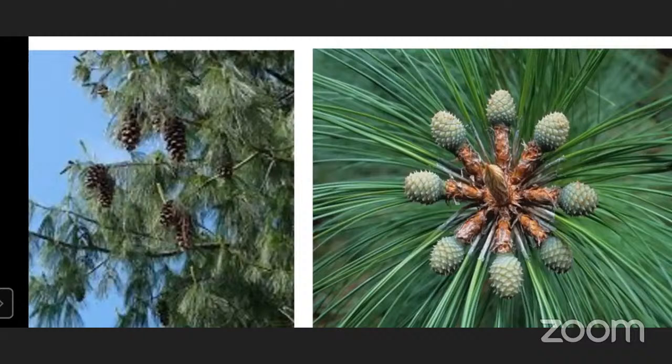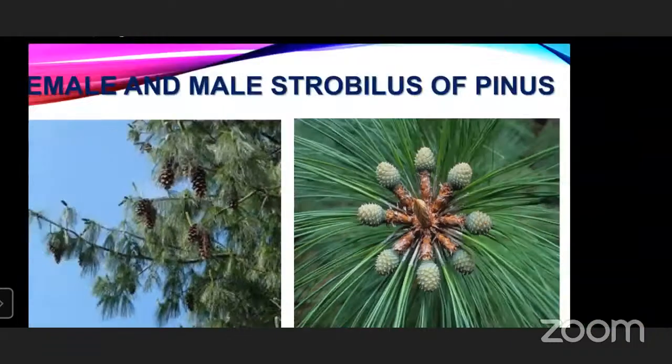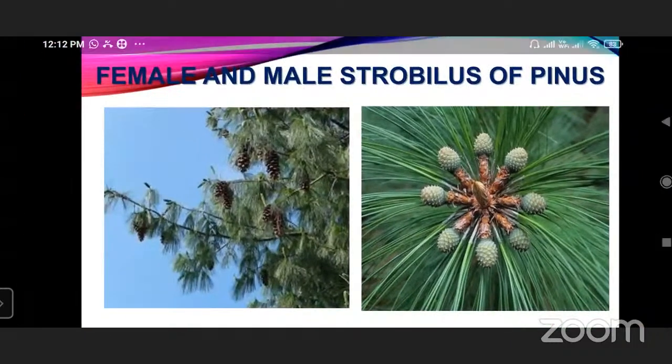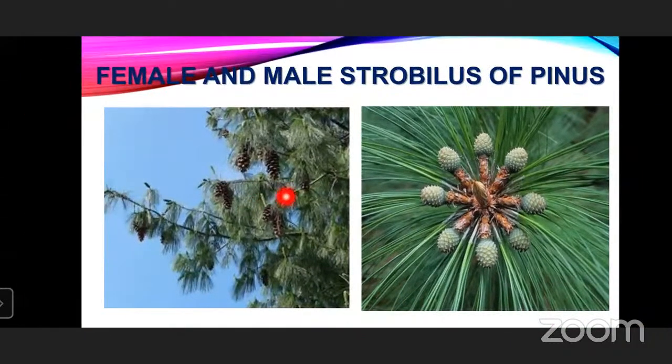The flowers are developed in the form of female cone and male cone. Female cones are somewhat larger in size. Male cones are smaller in size. Microsporophylls are compactly arranged to form the male cone, and megasporophylls are compactly arranged to form female cones.